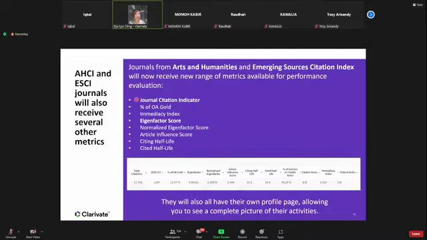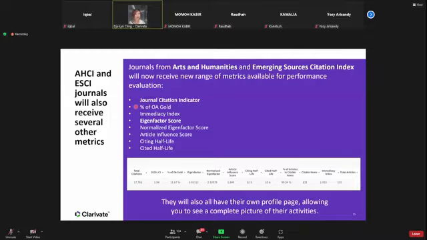Okay, so the JCI, if it is above 1, it means that the journal is performing above global average in terms of its citation performance. If the JCI is below 1, it means that the journal is performing below global average in terms of citation performance in its specialization.